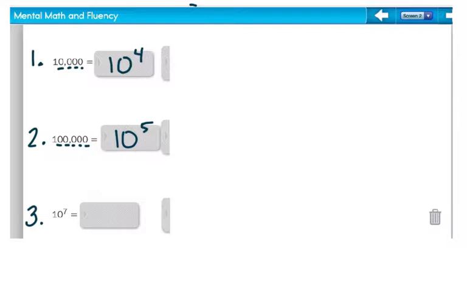And 10 to the seventh power would look like a 1 followed by 7 zeros, and then count 1, 2, 3, comma 1, 2, 3 would look like 10 million. Go ahead and erase your whiteboard, and let's try 3 more. Go ahead and pause the video once you have those written down.